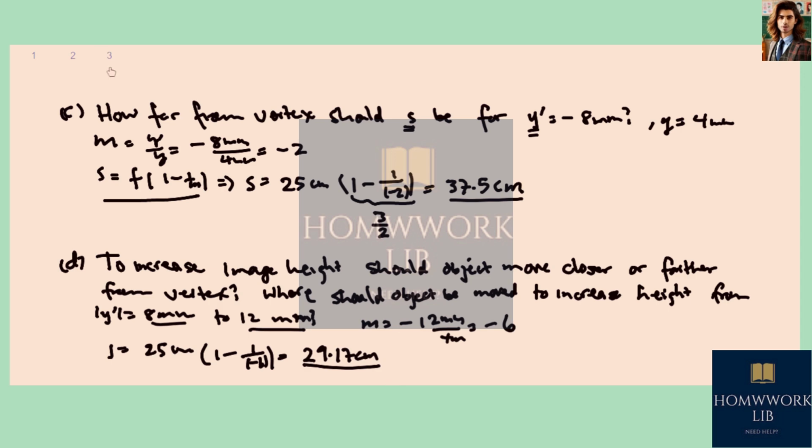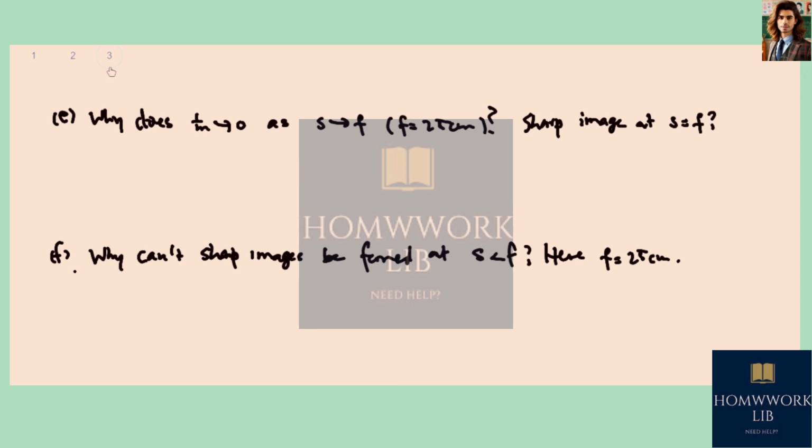And now let's move on to part E. Why does 1 over m go to 0 as your object approaches 25 centimeters, as the object approaches the focal length? It turns out as your object approaches the focal length, your rays of light will form an image at infinity, and when that happens, your s prime is going to be out at infinity.